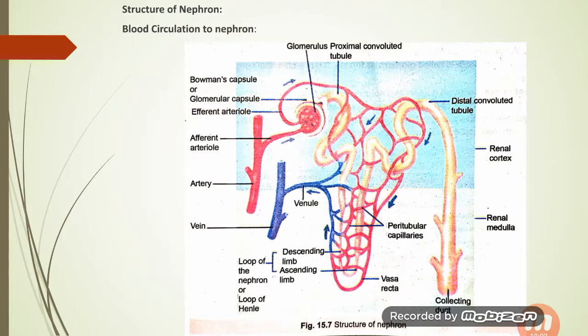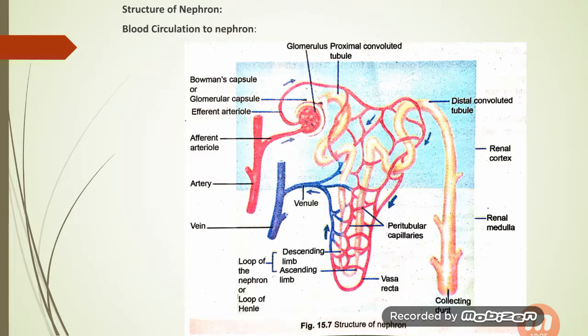The glomerulus is surrounded by the Bowman's capsule, which is a cup-shaped structure. If we talk about the glomerulus, it is composed of a network of capillaries. And the Bowman's capsule just surrounds the glomerulus. It is an expansion at the closed end of the renal tubule.